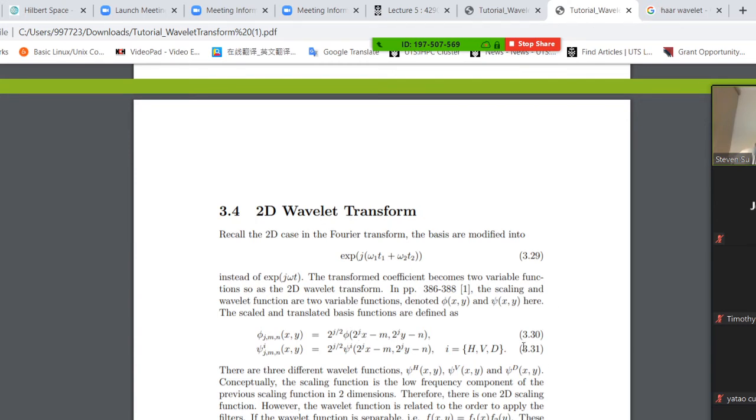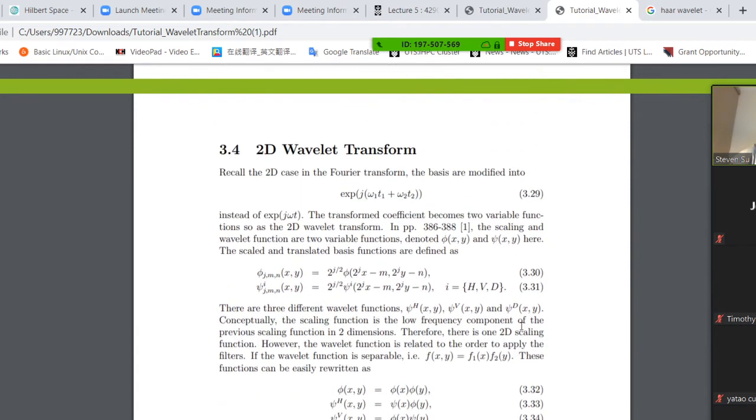Image processing can use wavelets very well. Although recently we use deep learning or artificial intelligence to do image processing, wavelets are still very useful because they can help you find features for classification.